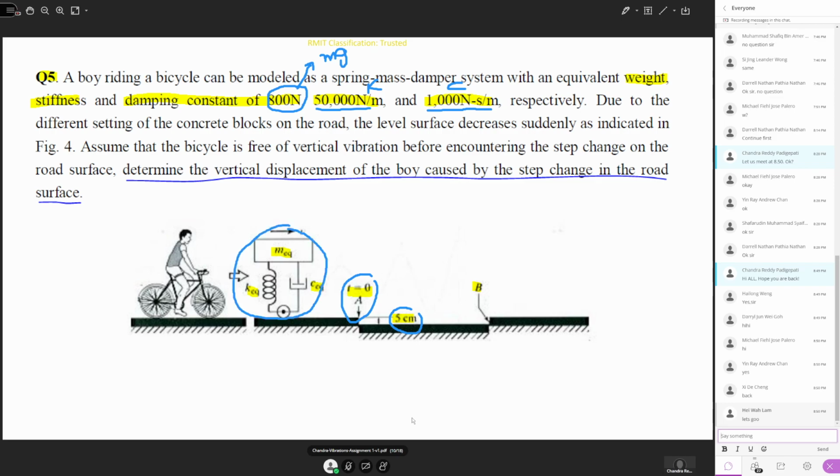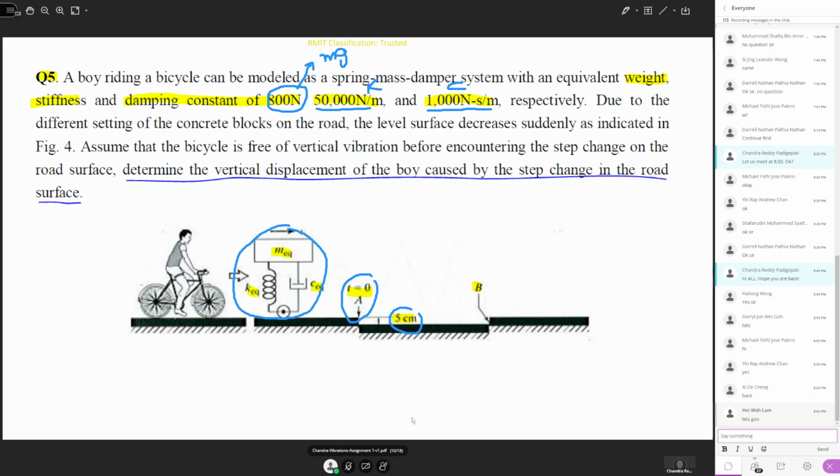So you're equating the riding of the bicycle by the boy as a mass, spring and damper system. So at time 0 at A, the vertical displacement is 5 cm. Assume that the bicycle is free of vertical vibration before encountering the step change on the road surface.